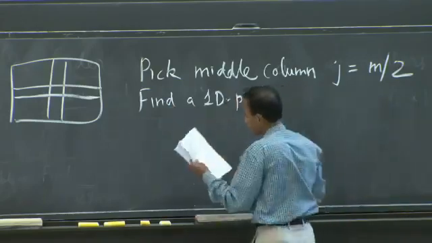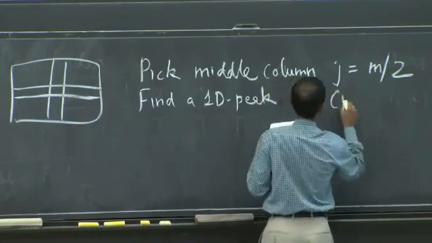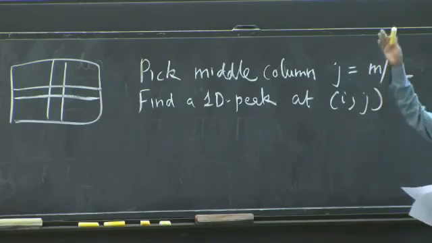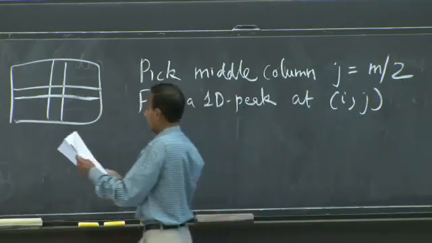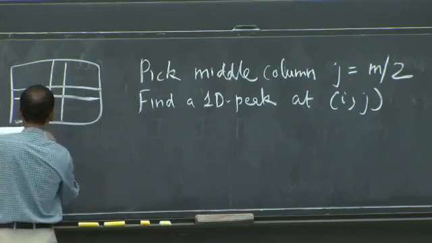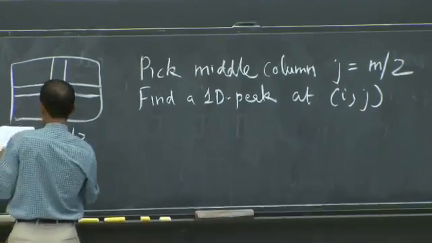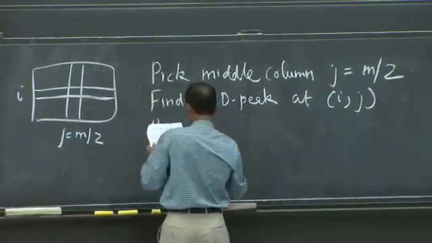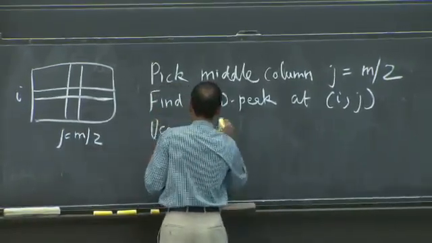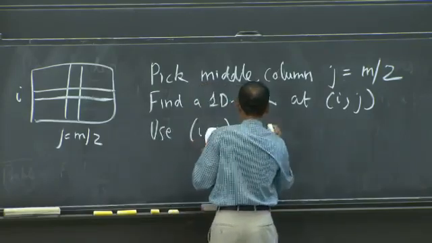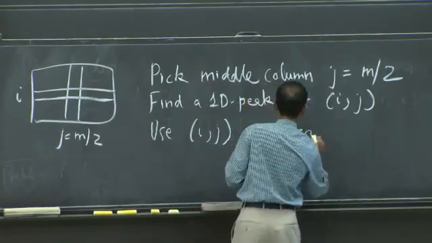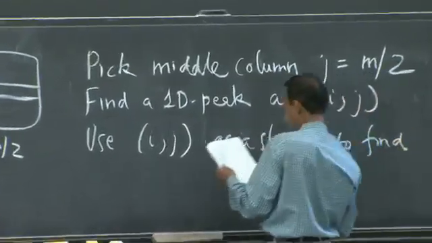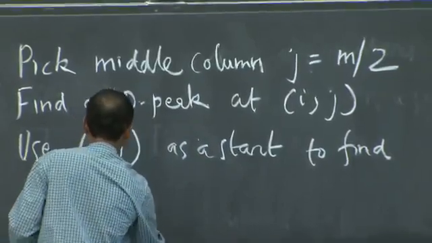And let's say I find a 1D peak at ij, because I've picked a column, and I'm just finding a 1D peak. So this is j equals m over 2. That's i. Now, I use ij, in particular row i, as a start to find a 1D peak on row i.